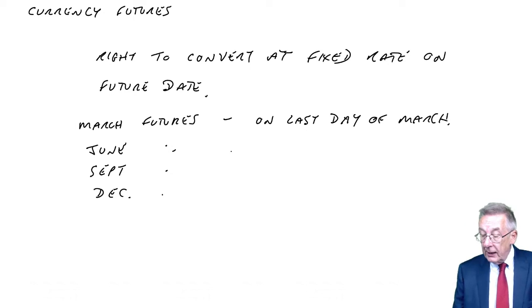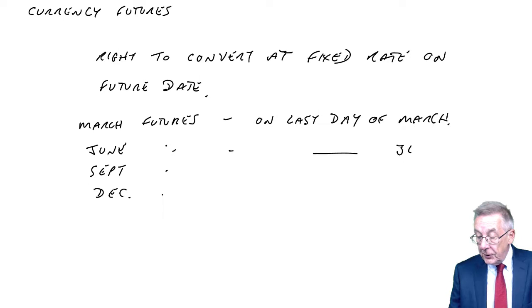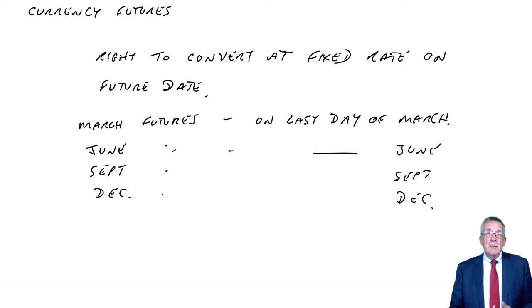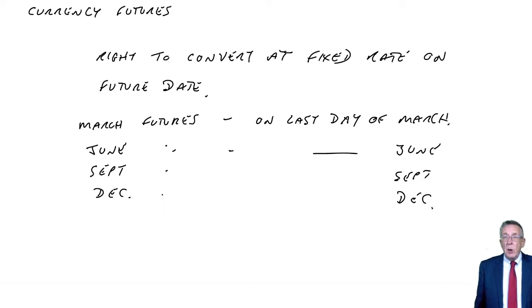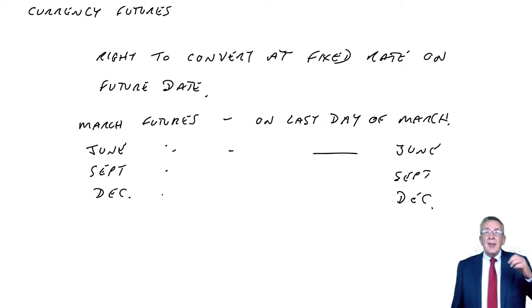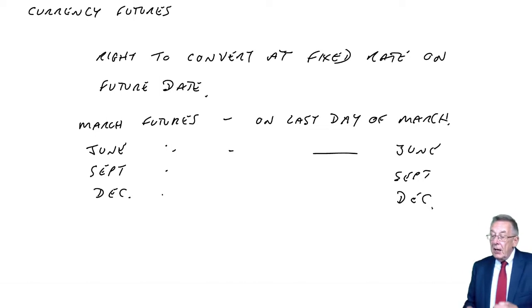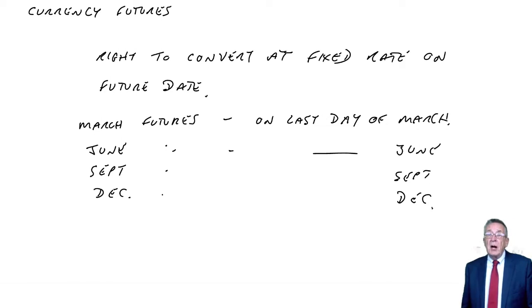Similarly, a June future is the right to convert on the last day of June, and so on for September and December. So there are always, in practice, 4 futures prices quoted, but they give you the right to convert on the very last day of March, June, September or December, which does make them rather restrictive.